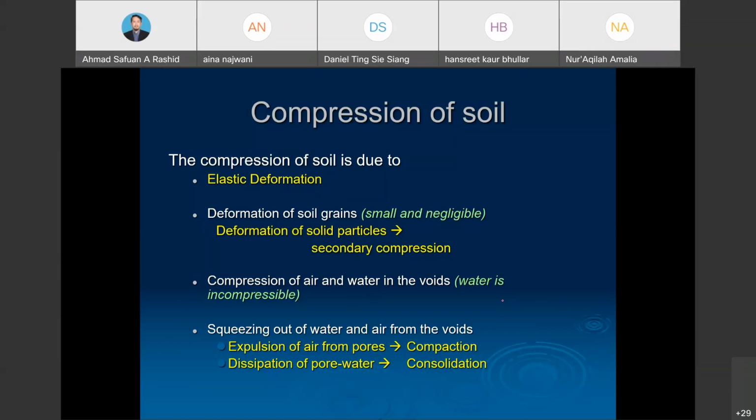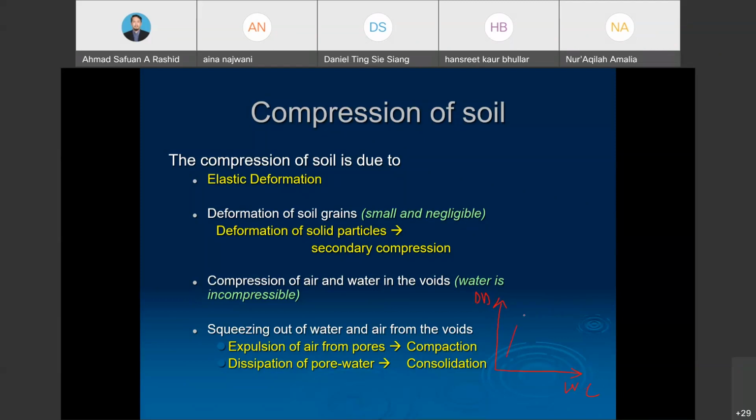So then we plot a graph of dry density versus water content.